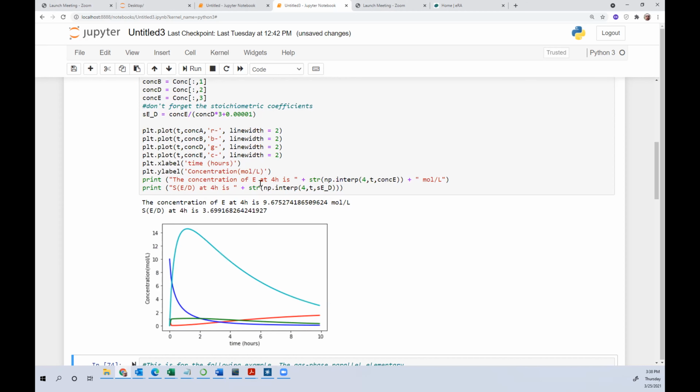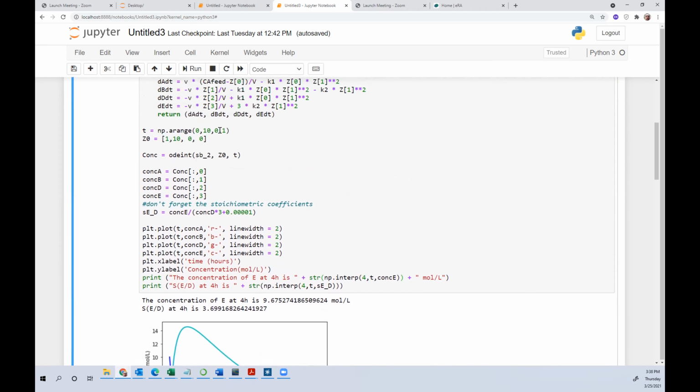For example, I taught myself Python maybe 2 or 3 years ago, and I still remember how long it took me, maybe last week, to realize that I could use np.interp. I don't know why it took me so long to figure that out. Because what I was doing before was very lame. Since you're counting every 0.1, at 4 hours, it's the 40th point.